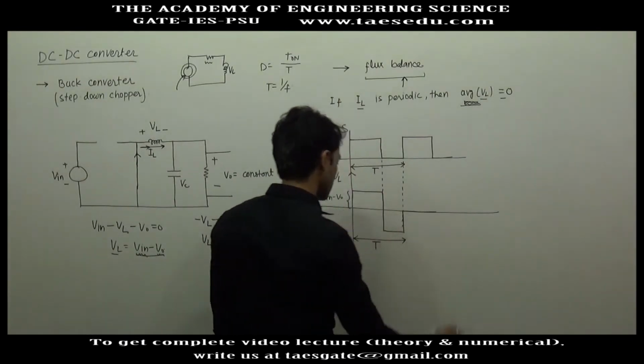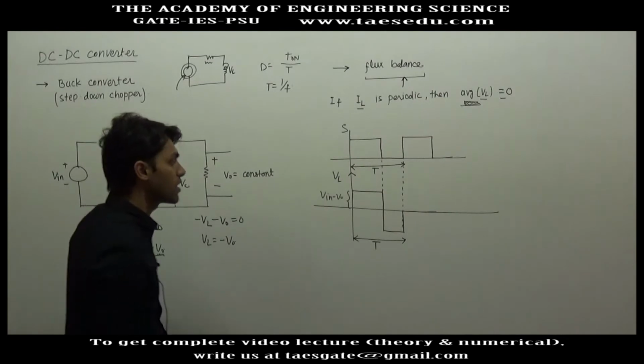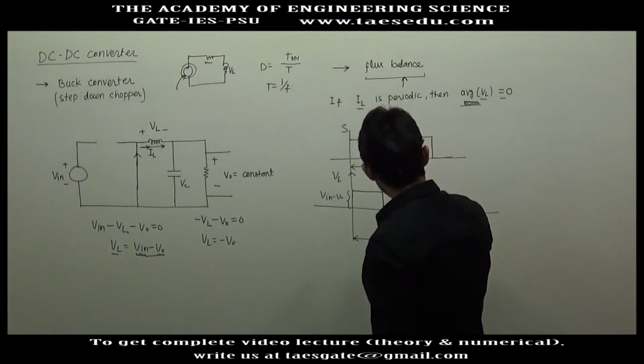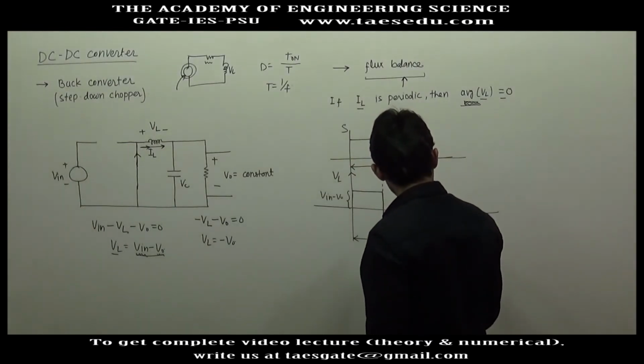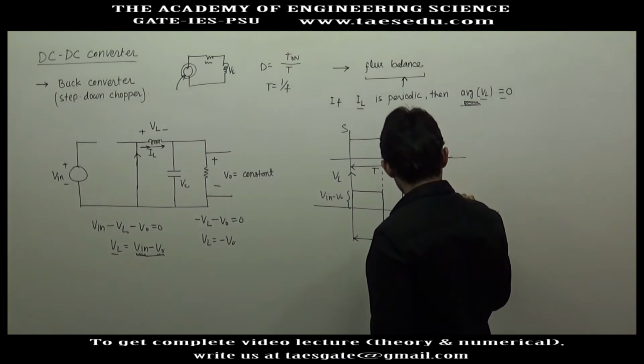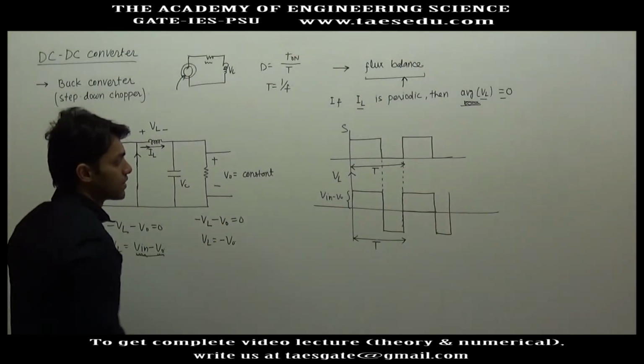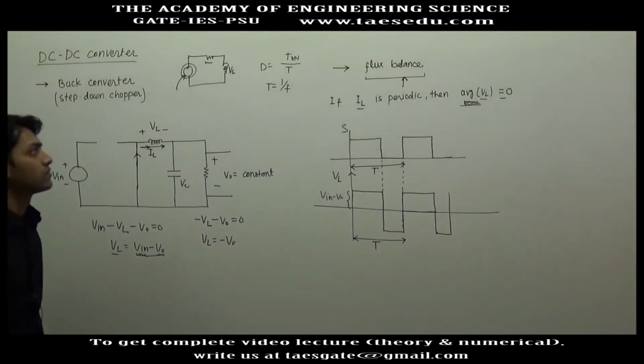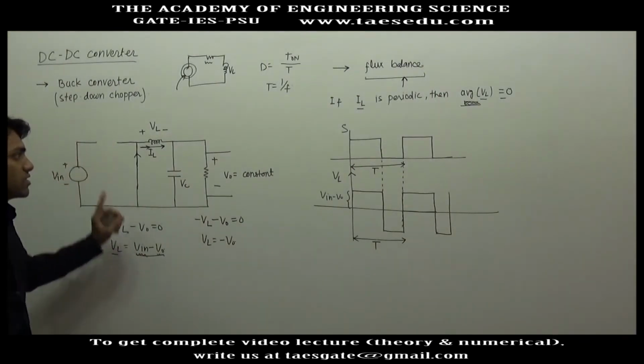One switching cycle is completed. When again you connect this switch, the inductor voltage will be V input minus V output, and then it will repeat itself. Inductor voltage is periodic, inductor current will also be periodic, since the switching sequence is periodic.